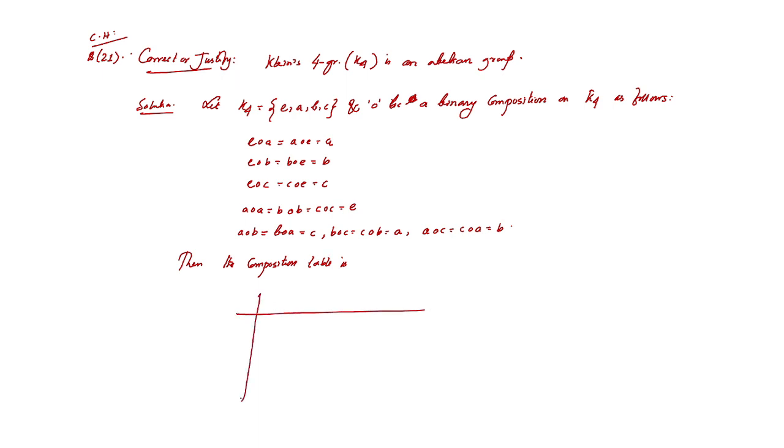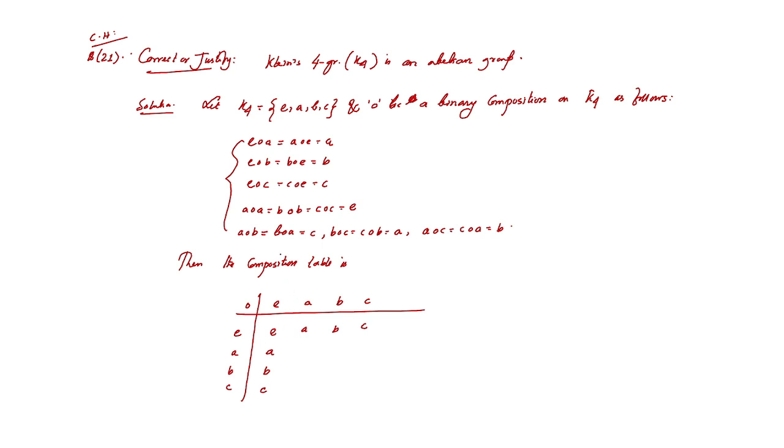so here we will draw the composition table for the operation ∘, with e, a, b, c here and also e, a, b, c here. e composed e is e. e composed a is a. e composed b is b. e composed c is c. a composed e is a. b composed e is b. c composed e is c, which is exactly as given here.